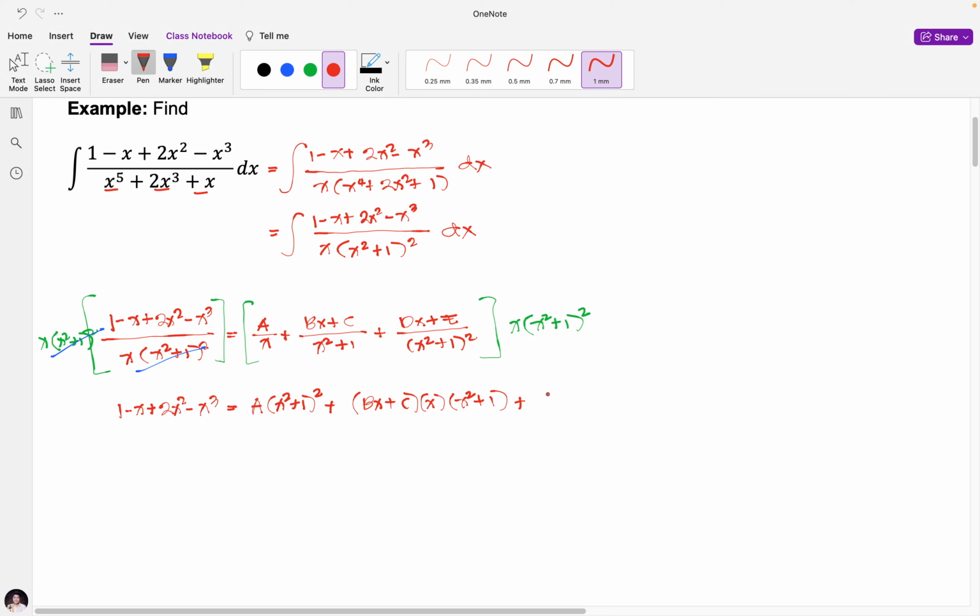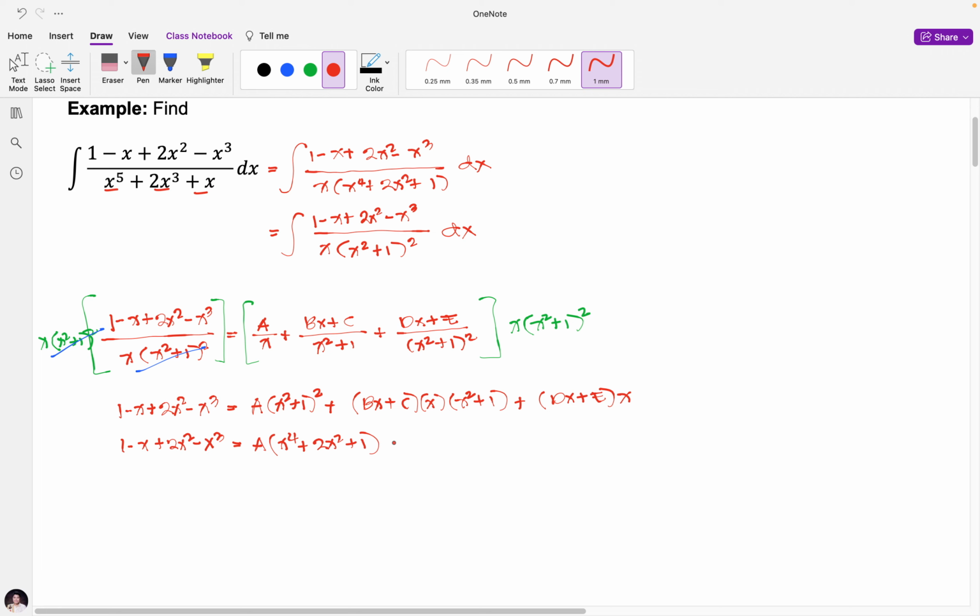And last, we have dx plus e times x na lang. So let's simplify. So this is just 1 minus x plus 2x squared minus x cubed equal to, simplify muna natin to. Expand natin yung x squared plus 1 squared. So that is x raised to 4 plus 2x squared plus 1.